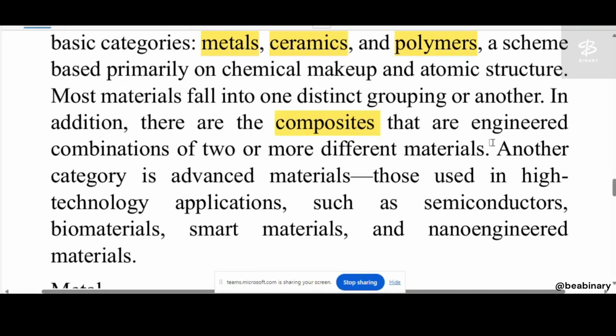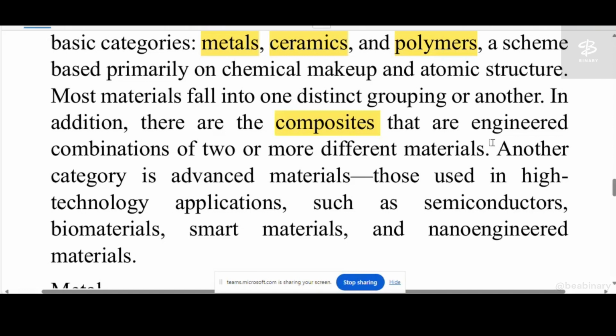If you would like to easily understand which one is the matrix and which is the reinforcement: the lesser material present in your composite is the reinforcement, and the bulk quantity present in the composite is your matrix.